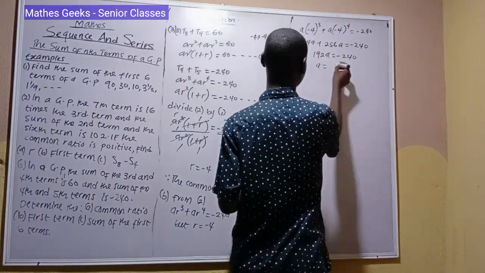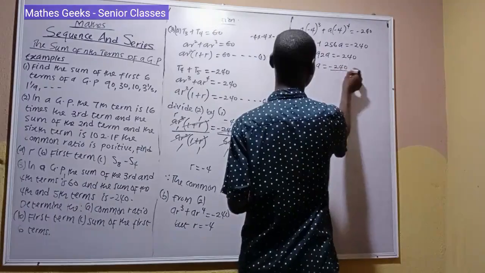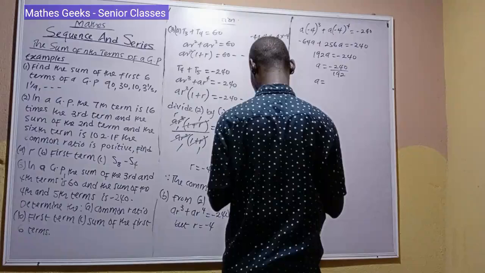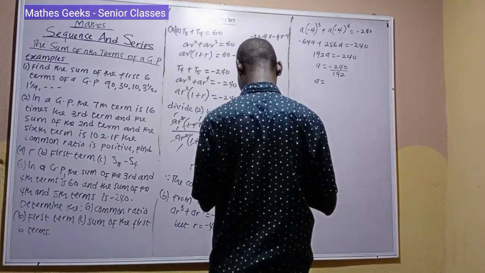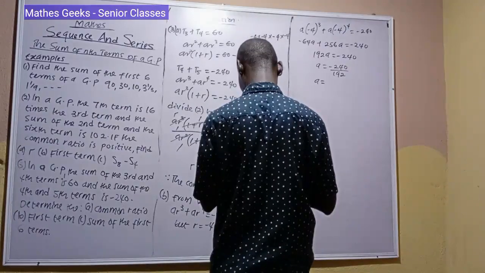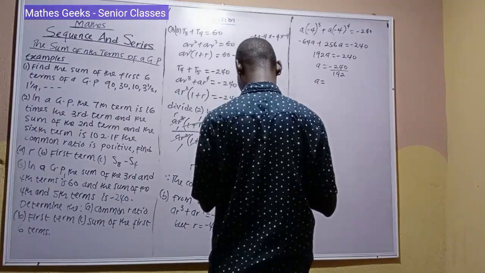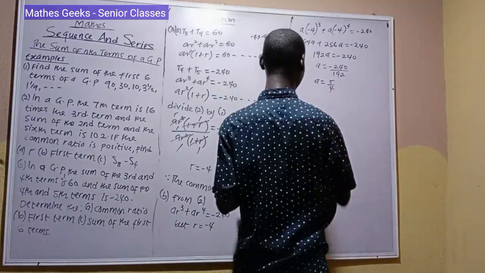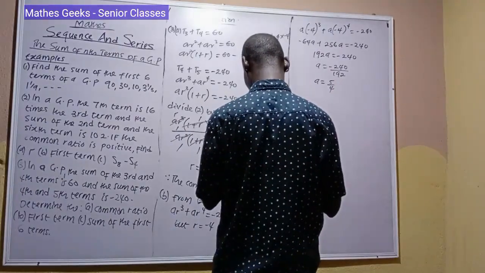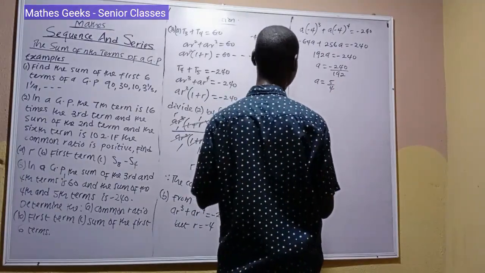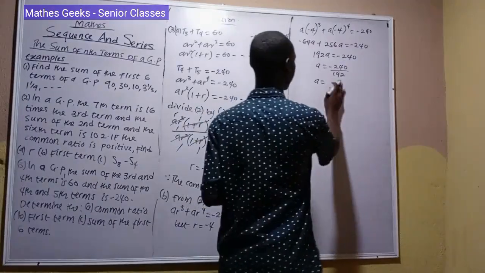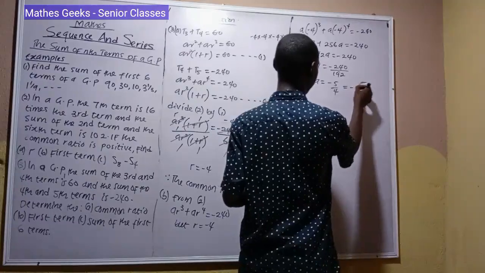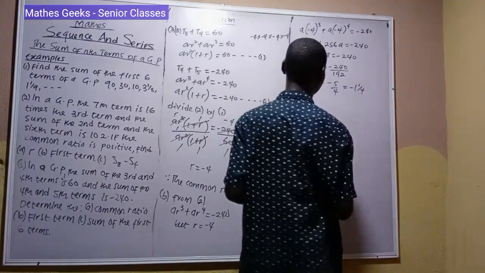So a is equal to minus 240 over 192, and that will give us minus 5 over 4. So our first term is minus 5 over 4.